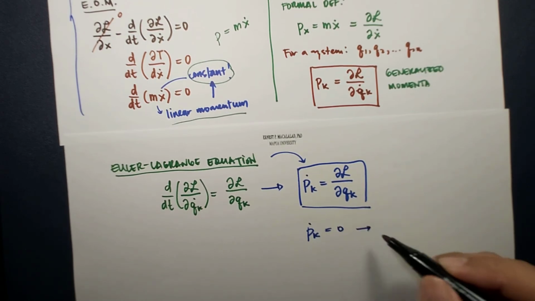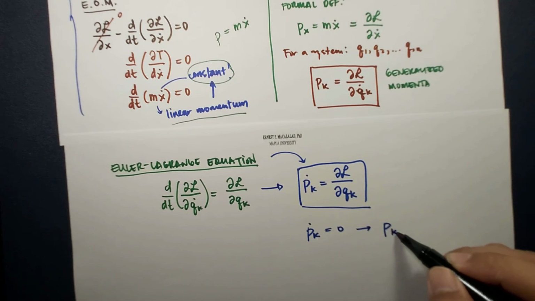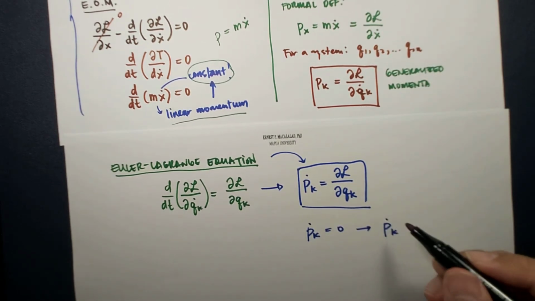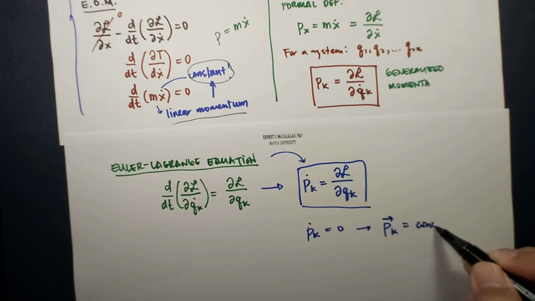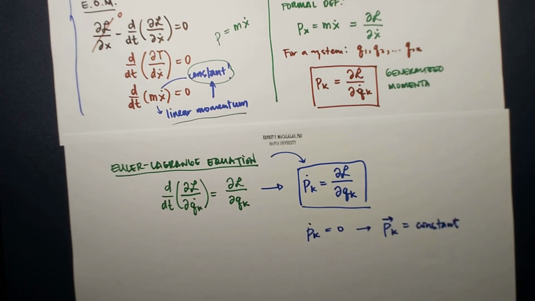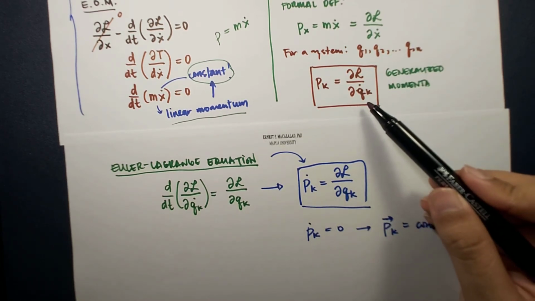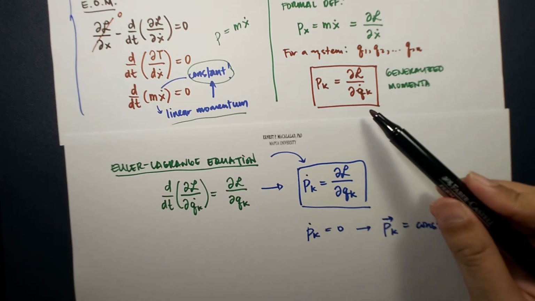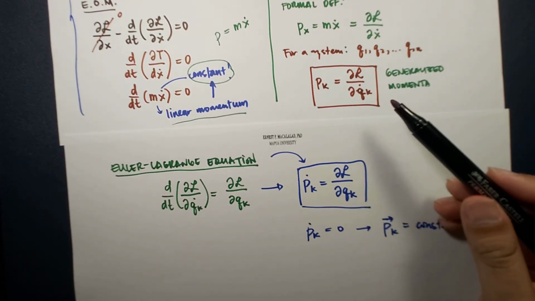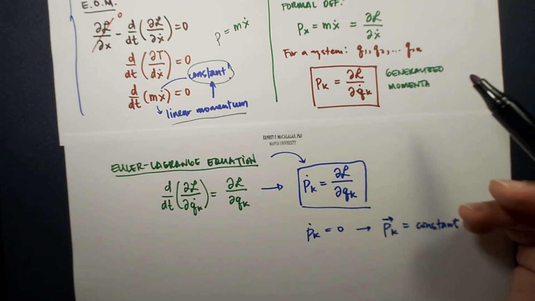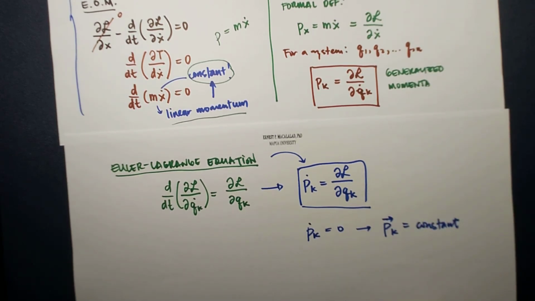And this leads us to the generalized momentum at that specific coordinate being constant. In other words, when the missing coordinate is ignorable, its conjugate momentum is a constant of motion. This definition enables us to discover the corresponding momentum of a system outside the usual linear and angular momentum that we already knew during our general physics classes.